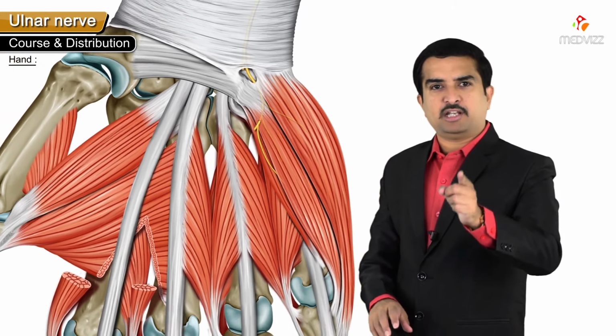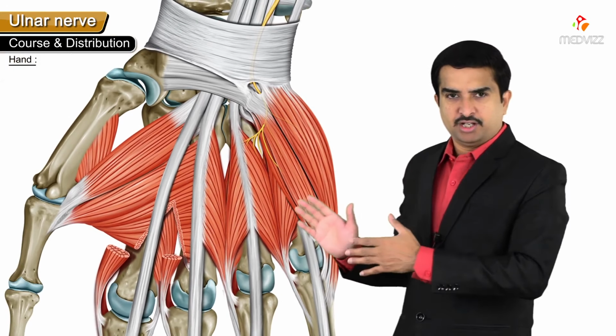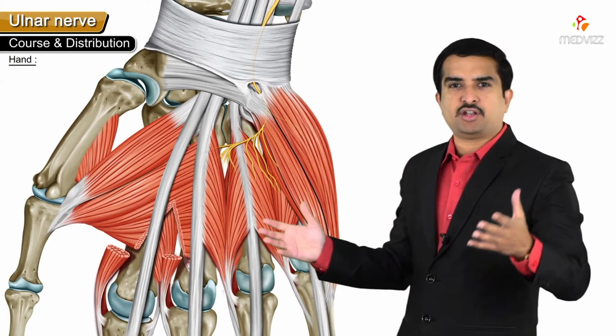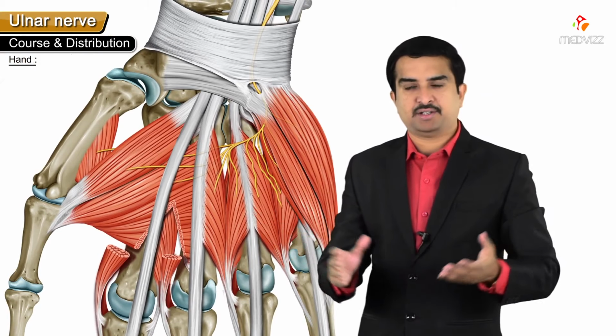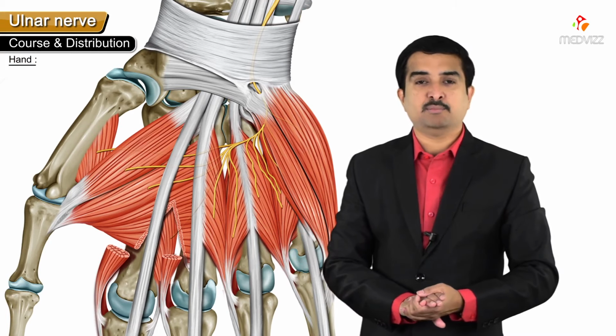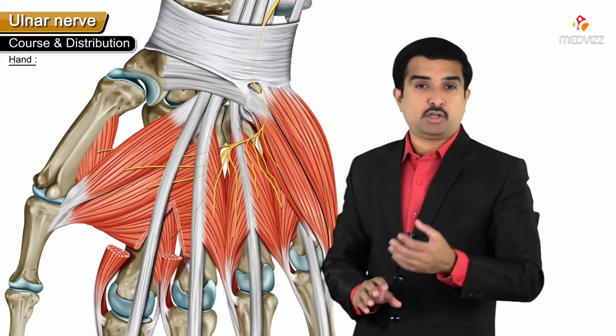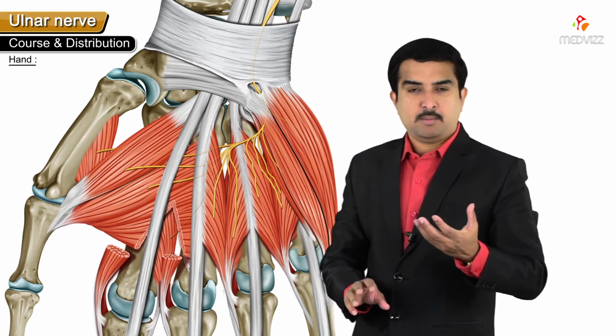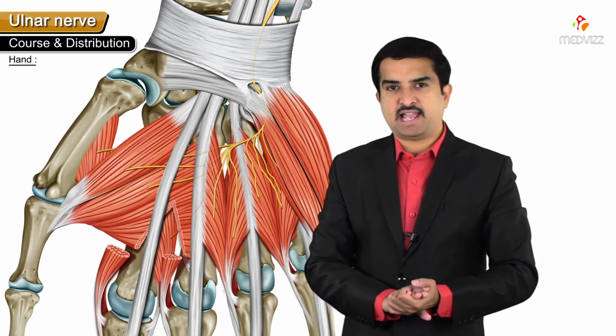So the deep terminal branch innervates the vast majority of intrinsic muscles of the hand. That is the reason the ulnar nerve is called the musician's nerve or the nerve of the hand, because it innervates the majority of the intrinsic muscles of the hand.